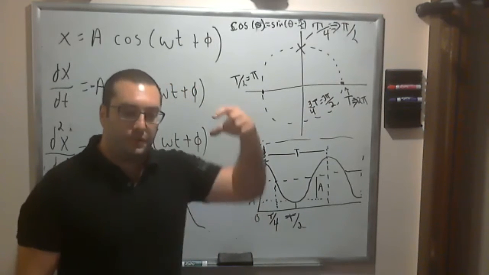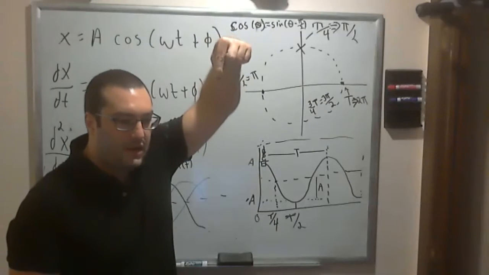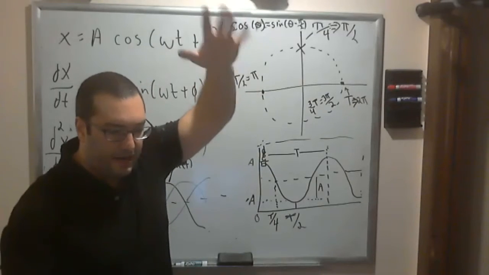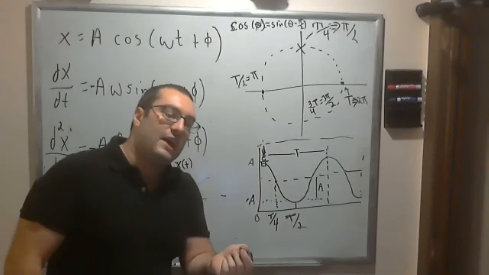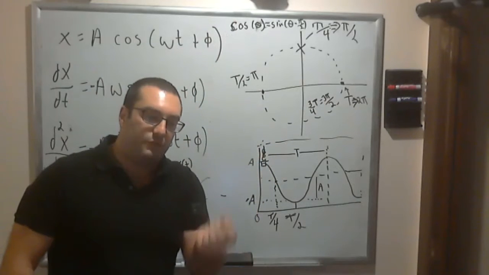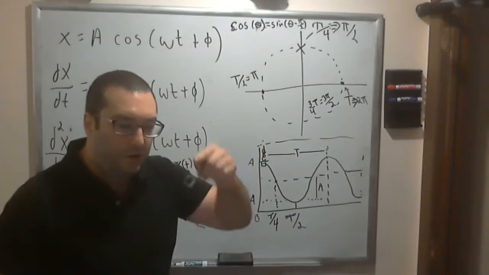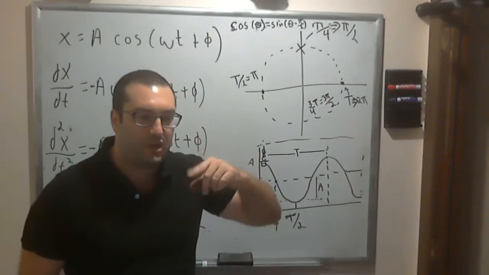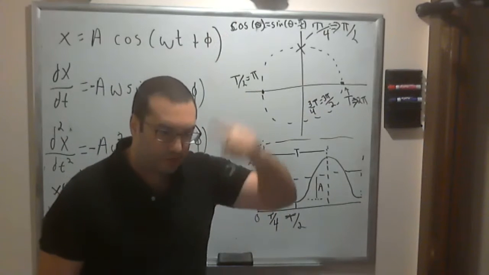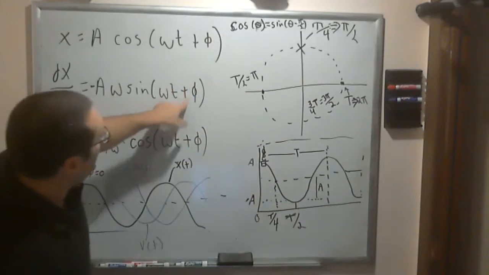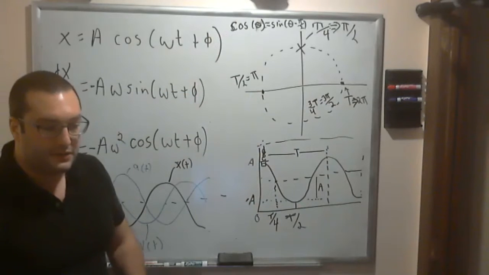Do we lift up the spring and then release it, and that's when we start the clock? Or do we pull it down? Do we start at the bottom and then release it and start from there? Or do we start from the equilibrium position and just give it an impulse of force to start this oscillation? That's where you determine the phase, right?